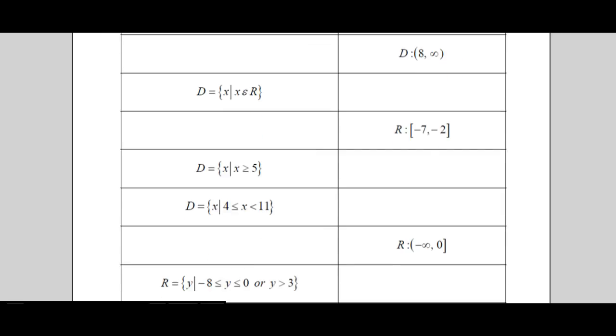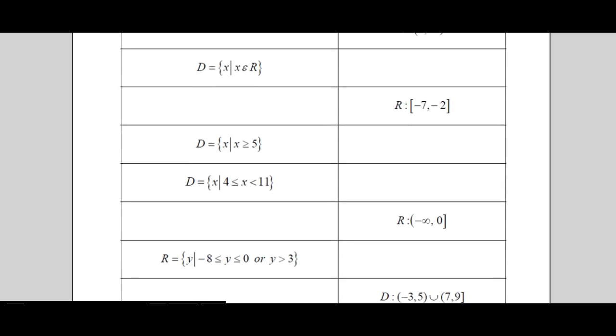Should we do one of them? Here, let's do this. X is greater than or equal to 5. Do I start with a round bracket or a square bracket? Square bracket. So you're going low to high, left to right.